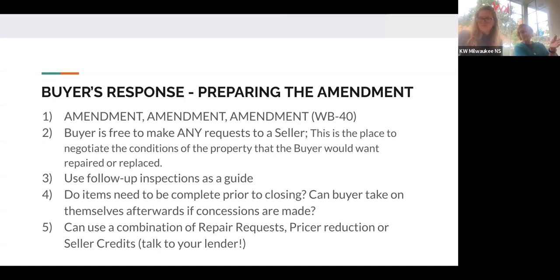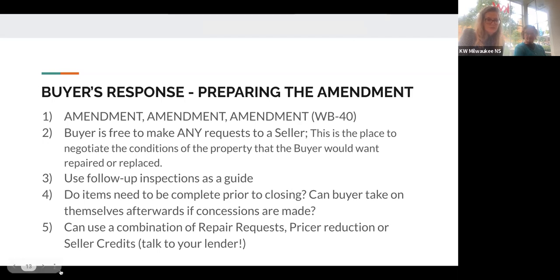They can even say who they want to do it, and that they want lien waivers and all invoices also sent to the buyer. All of those things can be in an amendment. They can't be in the notice of defect. So the amendment is the only place where you're really talking fully with the seller about what you want to happen to the house before you buy it. And every single detail can be spelled out within that amendment.